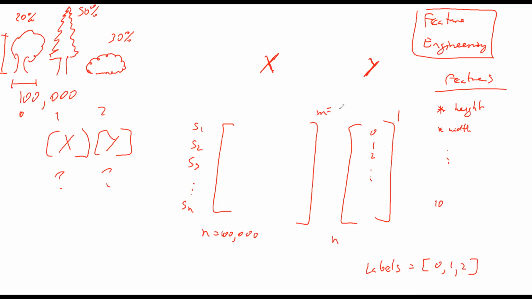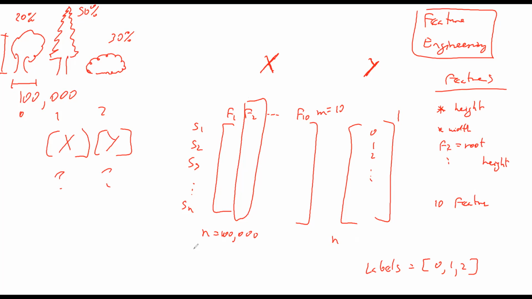Ten. 10. Very good. Because there are 10 features. So it's going to be F1, F2, dot, dot, dot, F10. You see that? So let's say that F2 is the root height. Okay? So that F2 has to be the root height for every single one of the 100,000 samples.